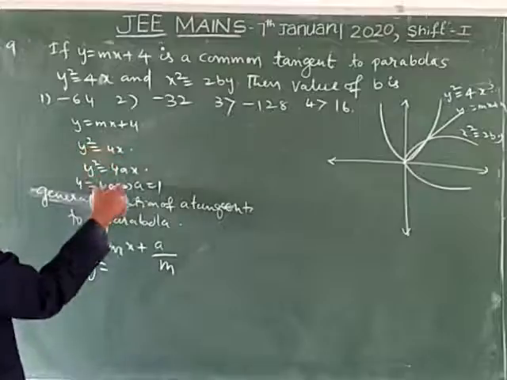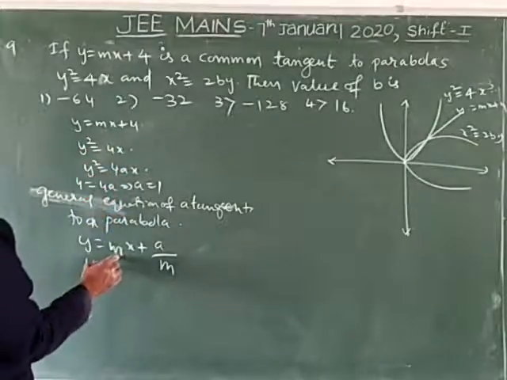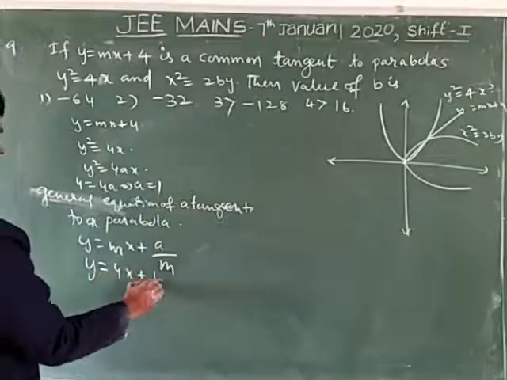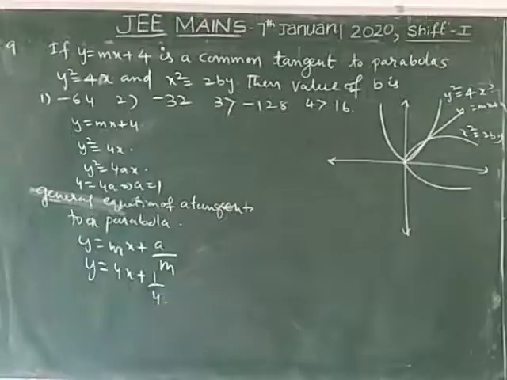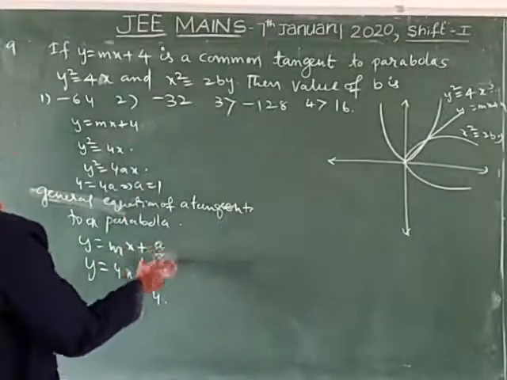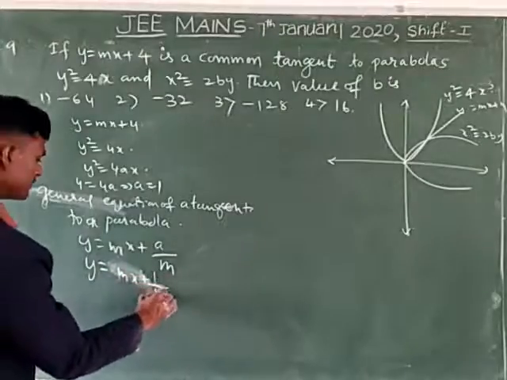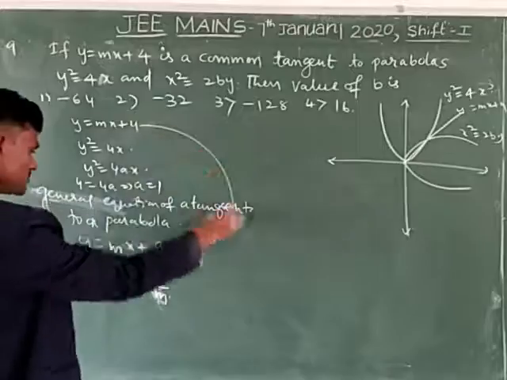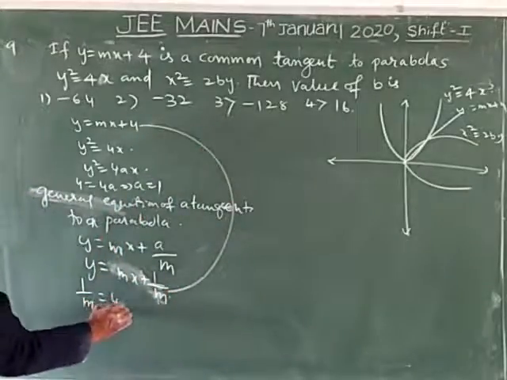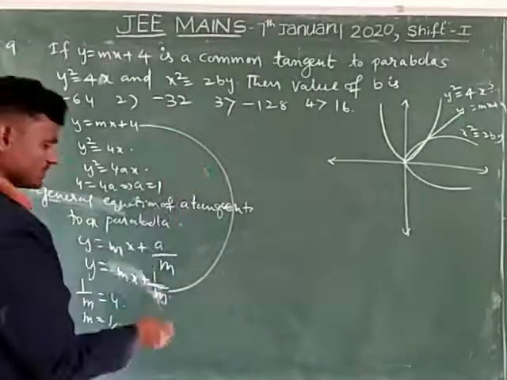Here m is equal to, you have to compare these two. Here m is equal to 4, then 4x plus 1 by 4. Okay, right, here 1 by 4. So actually this is mx plus 1 by m. You can compare these two. Then what is the value of m? 1 by m is equal to 4, then m is equal to 1 by 4. Then you have to write here.